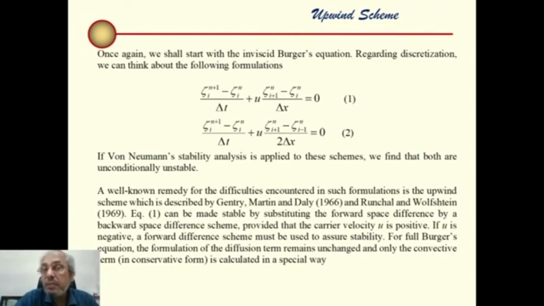Effectively, we will involve upstream points for positive velocity and downstream points for negative velocity, which will be very stable and also very accurate. But to maintain accuracy, we have to involve some additional technique, additional care. We'll do that in the subsequent classes. We'll stop here today. Thank you very much.